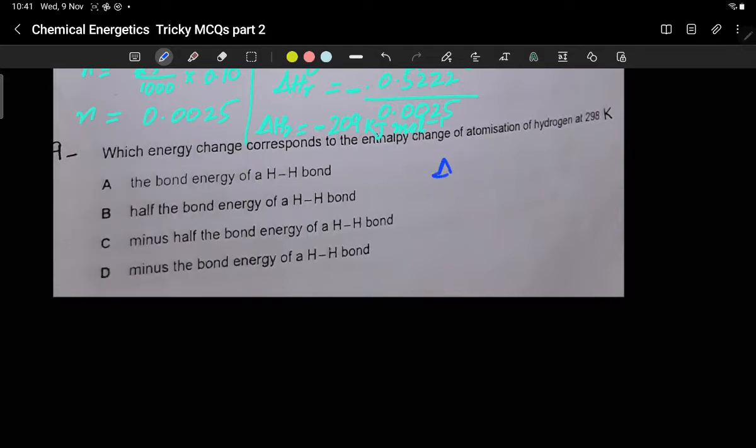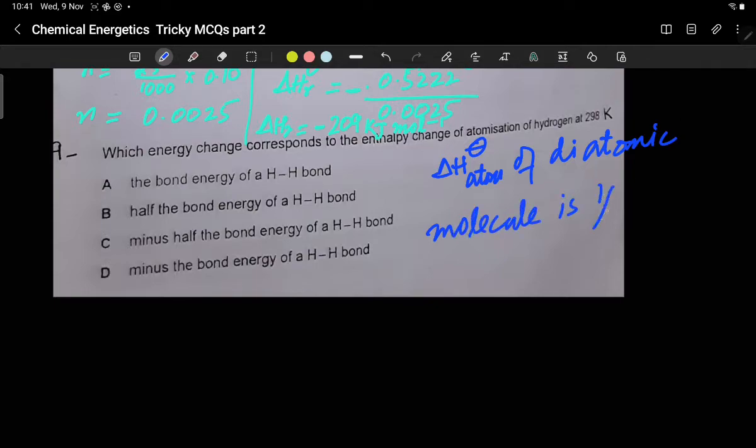The enthalpy change of atomization of a diatomic molecule is half of its bond energy.